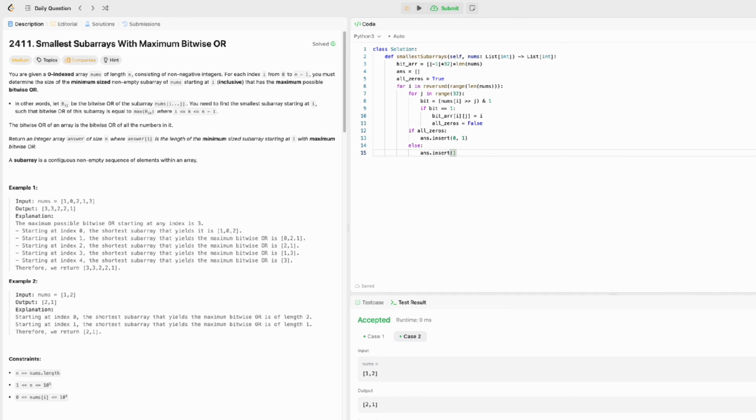This one would be like we always insert the max of the bit array i, right? And then here we will minus i and plus 1 as expected, and we can return the answer. Okay, looks good.